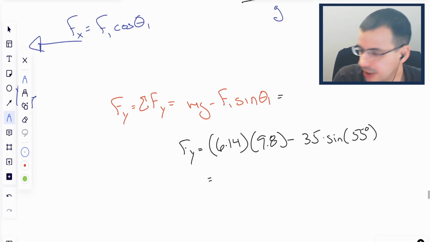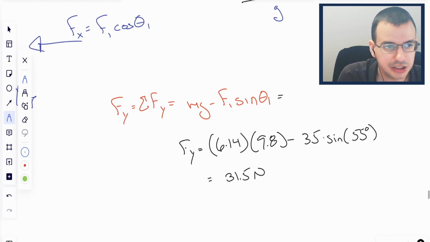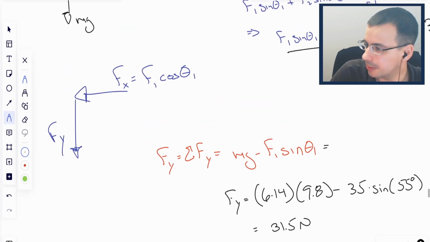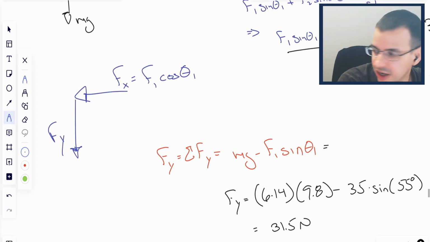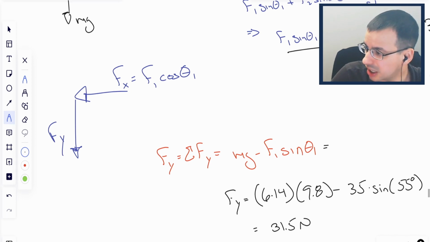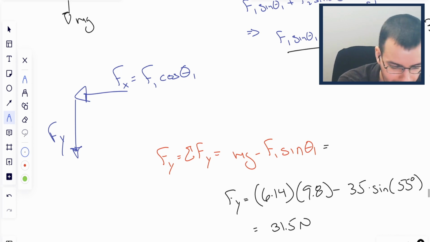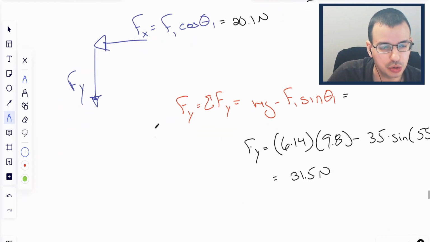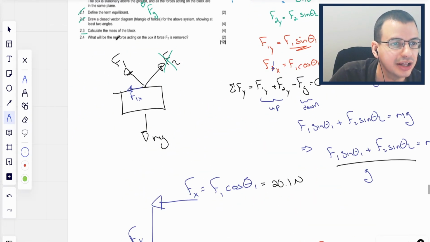Yep, that seems reasonable. And that gives us 31.5 newtons. The x direction is going to be 35 times cosine of 55 degrees, and that's going to give us 20.1 newtons.